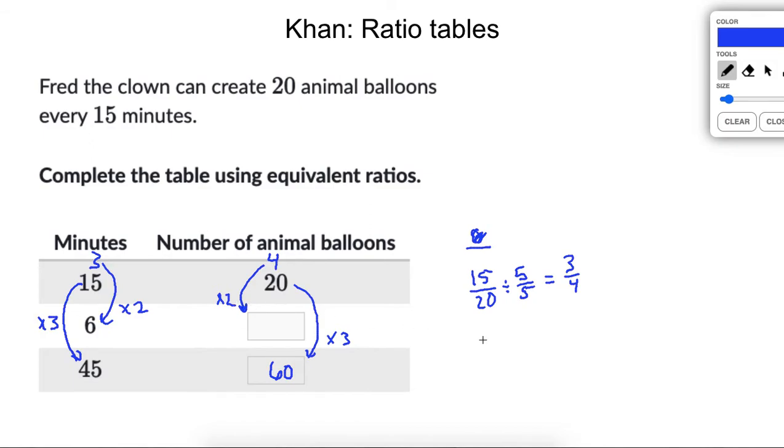Really what I'm doing is just using my giant 1. If you want to do it this way instead of on the table, I'm multiplying 3 over 4 by 2 over 2 to get me 6 and 8. So that means 8 is what goes here. On the table, we'll often show it with arrows to make it a little bit easier, but we're still just using the giant 1 to create equivalent ratios like we've done in the past.